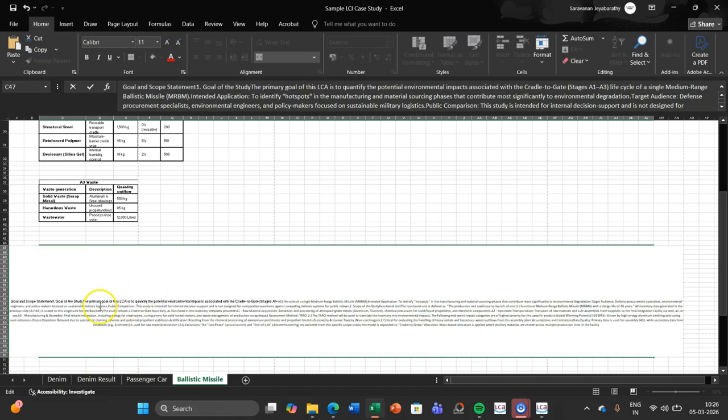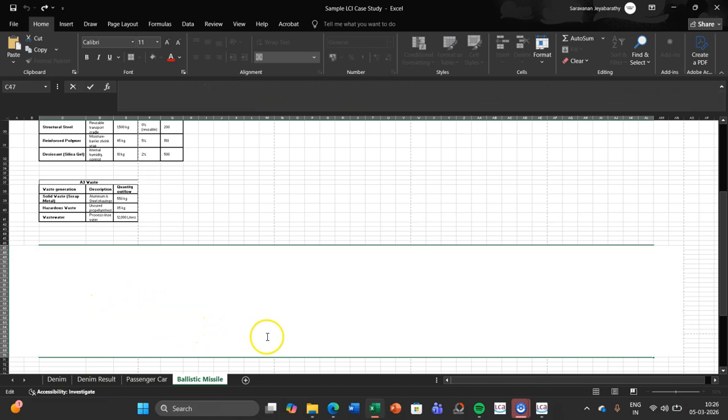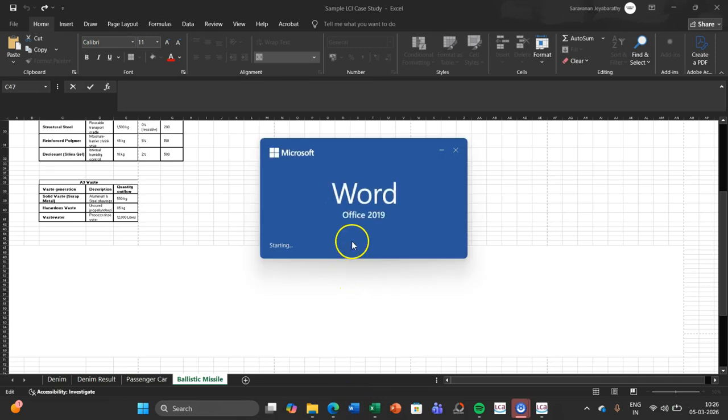I think it doesn't work when I paste it here. Let's use a Word file instead.